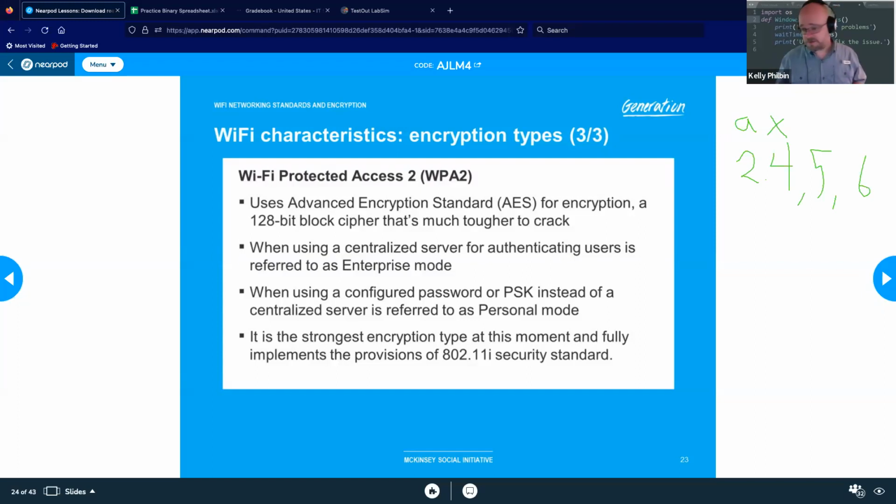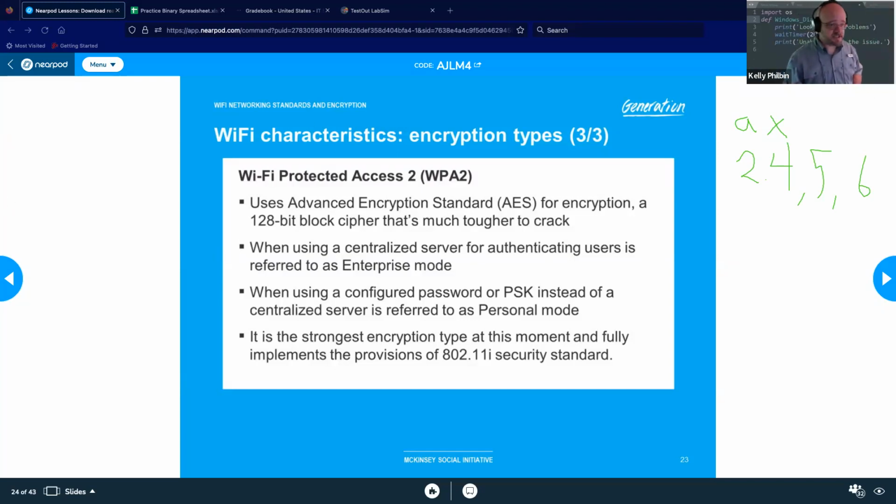And I believe we're up to WPA3 right now, if I'm not mistaken. Yes, we are now up to WPA3. And this is the most secure protocol that is available nowadays. So WPA2 has now been bypassed, the AES has been improved, and we're now into WPA3, which is the most up-to-date one.